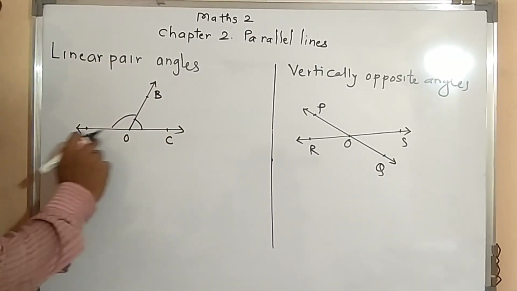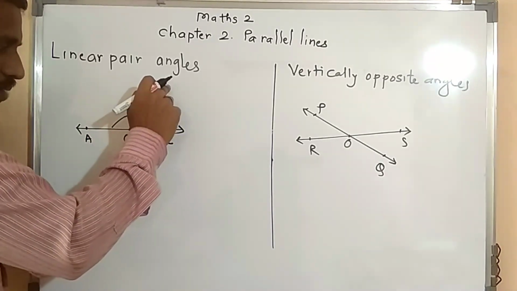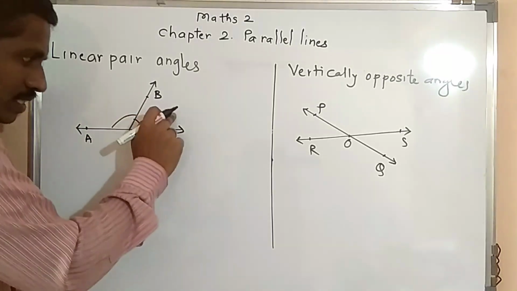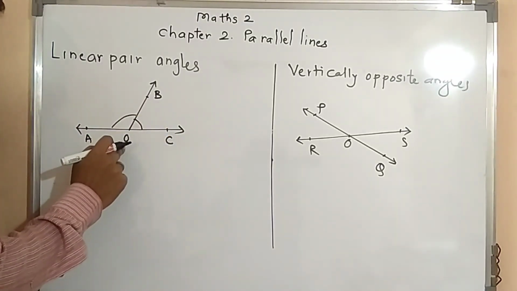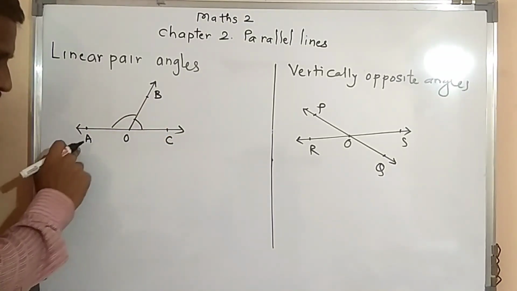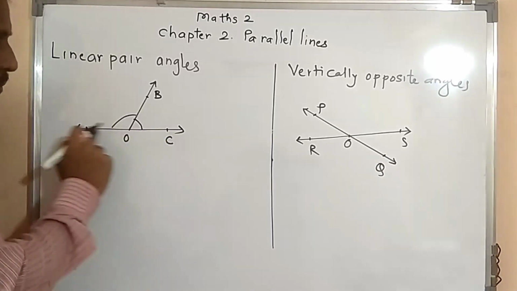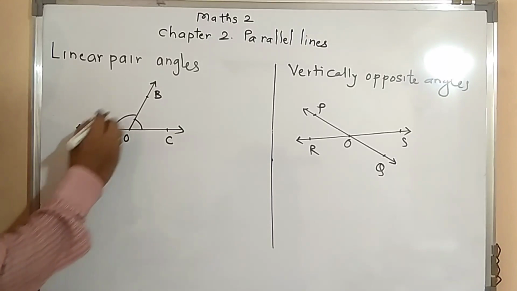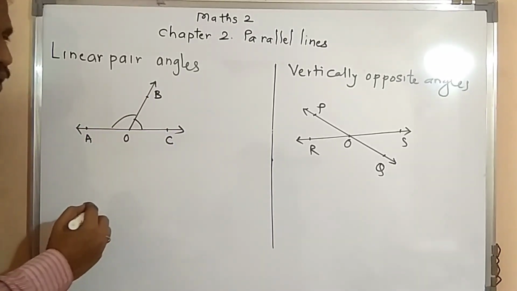Here, angle AOB and angle BOC are two such adjacent angles where the sides OA and OC form a pair of opposite rays, and therefore these angles are called linear pair angles.